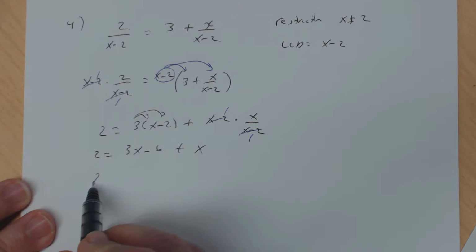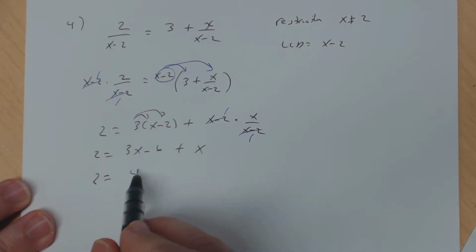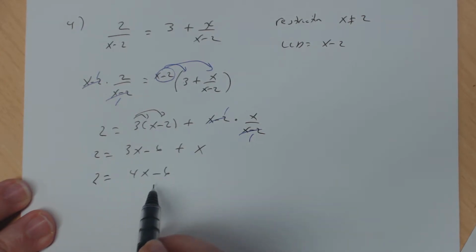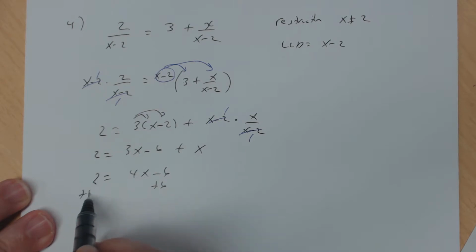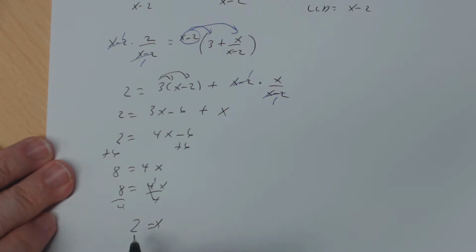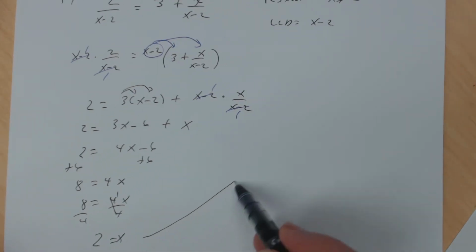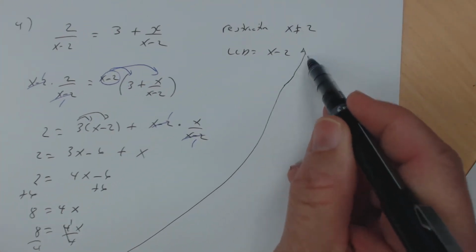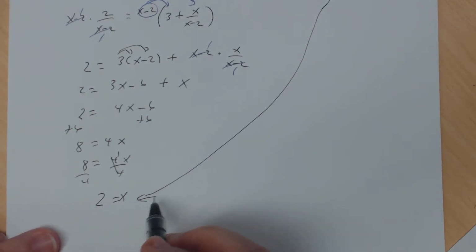Combining like terms, I get 2 equals 4x minus 6. Adding 6 to both sides, I get 8 equals 4x. To get x by itself, I'm going to divide both sides by 4. 4 divided by 4 is 1, 1 times 1 is x, equal, and 8 divided by 4 is 2. But remember, that is a restriction. So this is an extraneous solution.